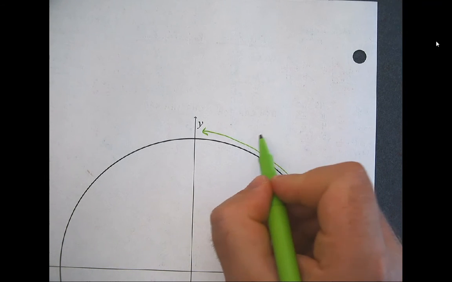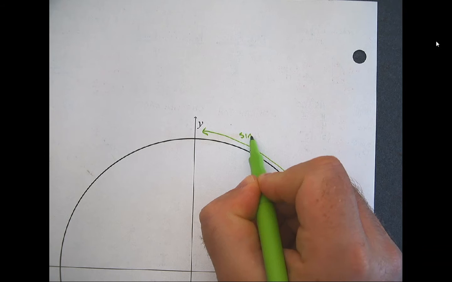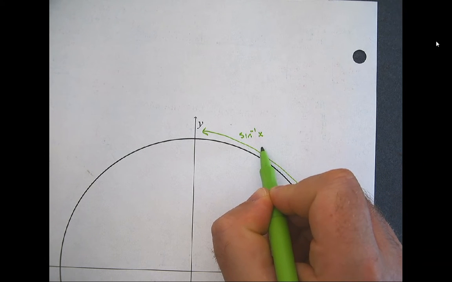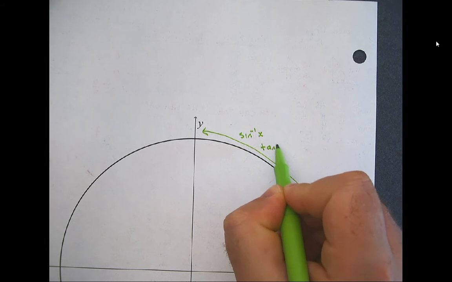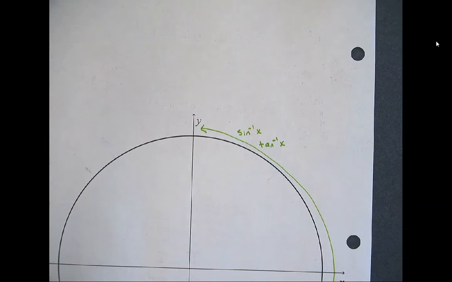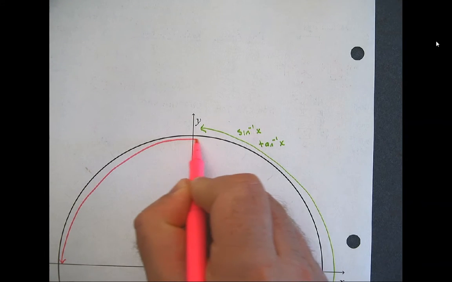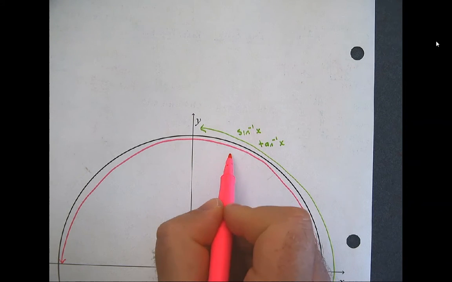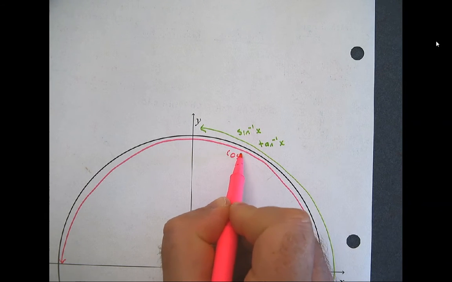Green works for sine inverse. And then green also is the same for tangent inverse. And then pink will be cosine inverse.